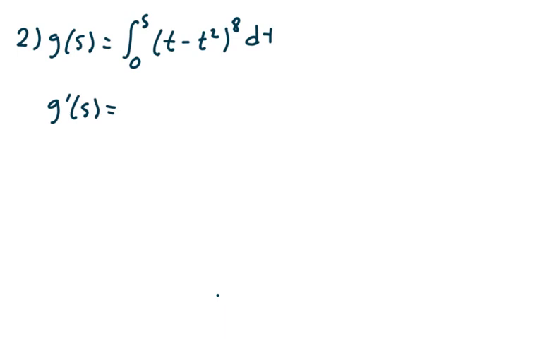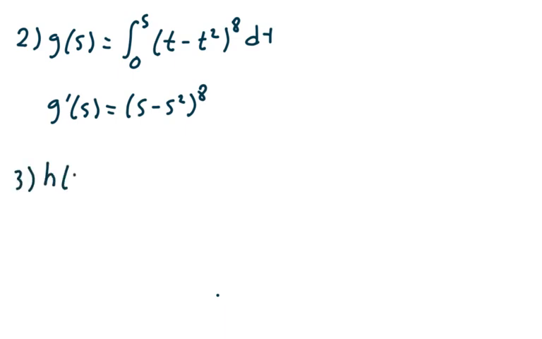So in the integrand t minus t squared to the 8th, I'm going to replace t with s. And so g prime of s is s minus s squared raised to the 8th power. I'm done.